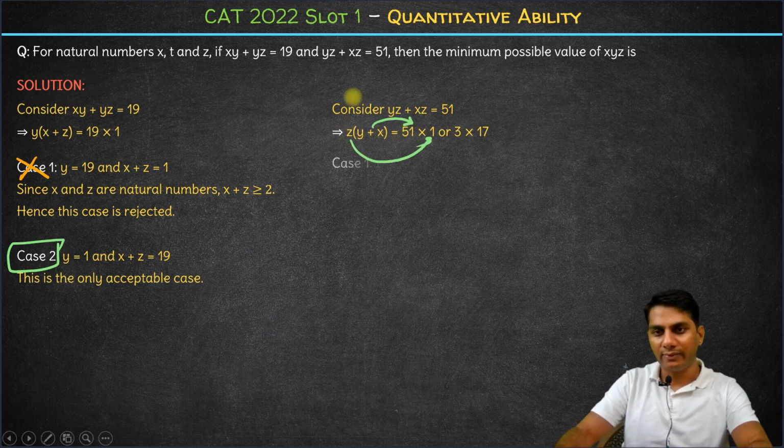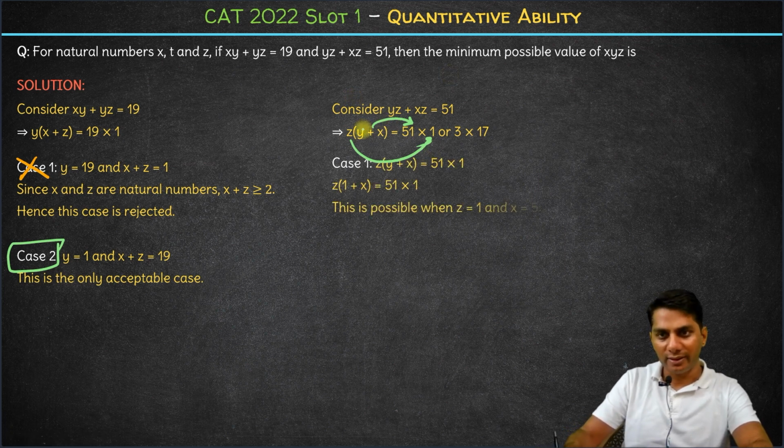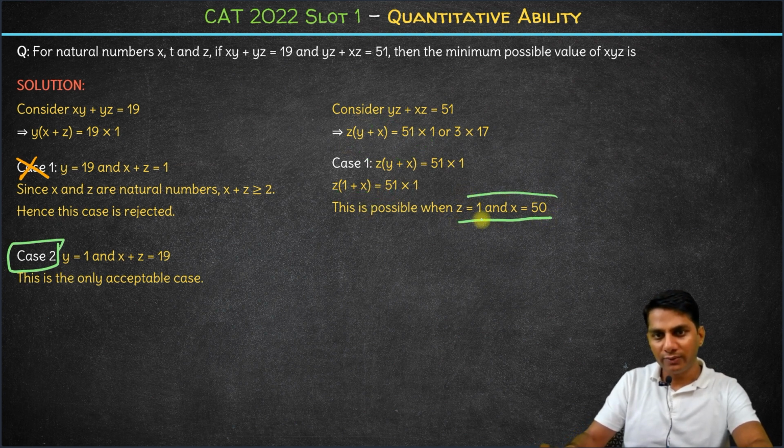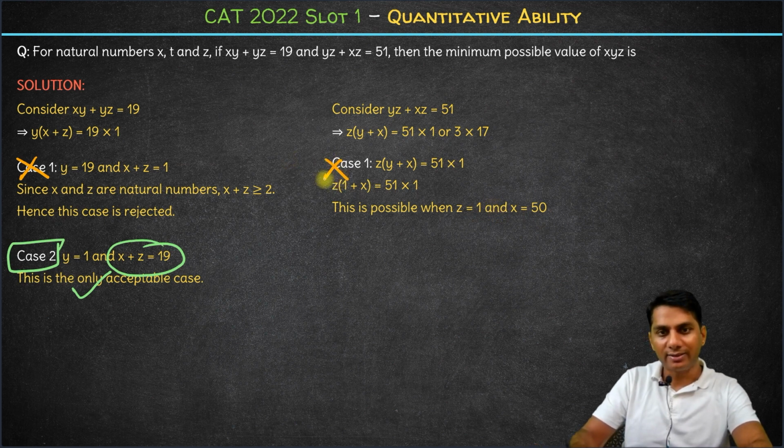Now z is 1 and y is 1, so we have 1 plus x is 50, hence x is 50. But if you substitute these values of z and x, we also need to satisfy that x plus z should be 19, but here x plus z is 51. Hence this case is rejected. It does not fit with the only case that we have.